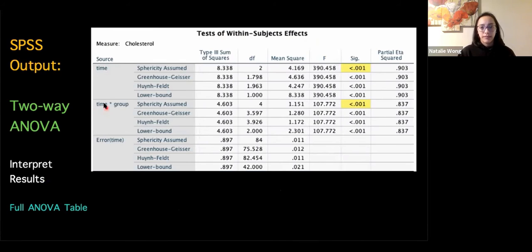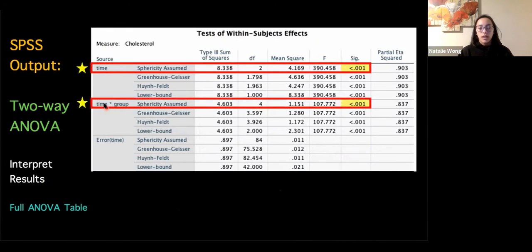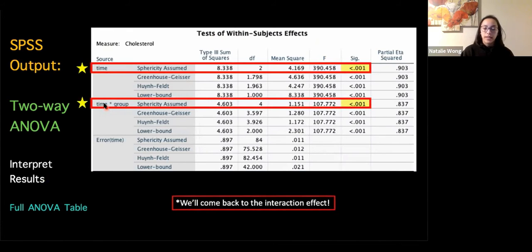We'll also get the p-value for our interaction effect. We'll come back to the interaction effect. For now, we're just going to focus on this first one. Since we assume sphericity for time, that's why we've got this p-value highlighted, that sphericity was assumed here.